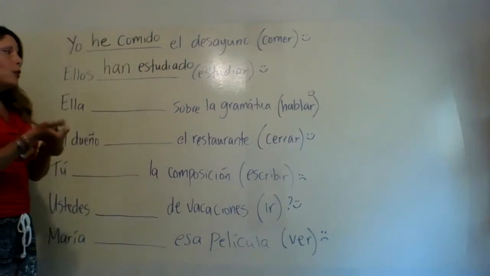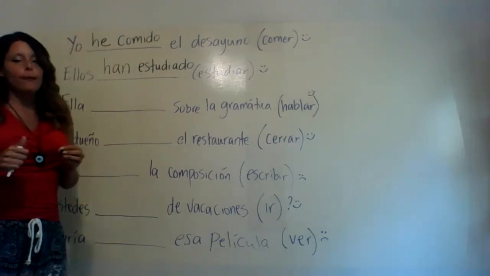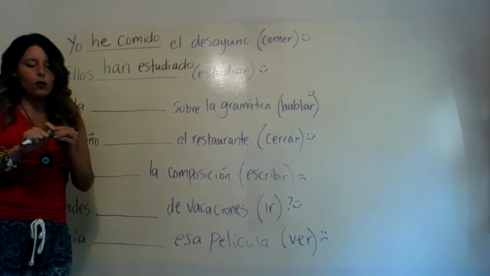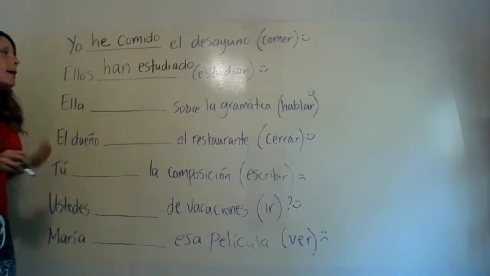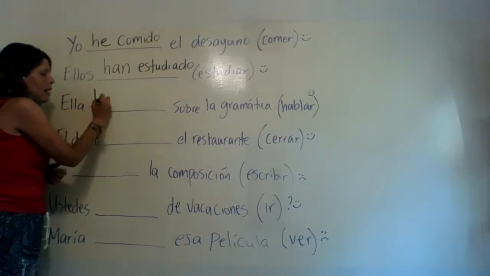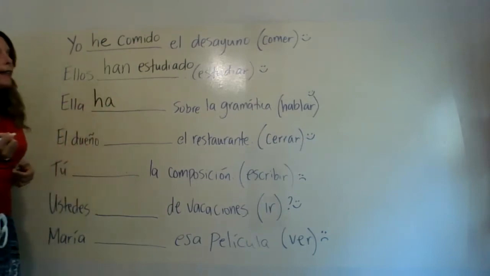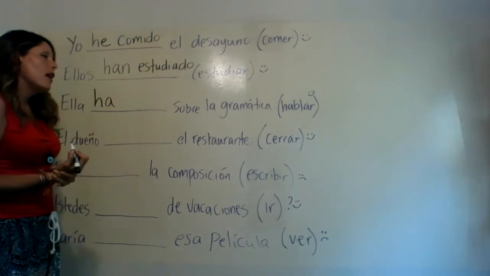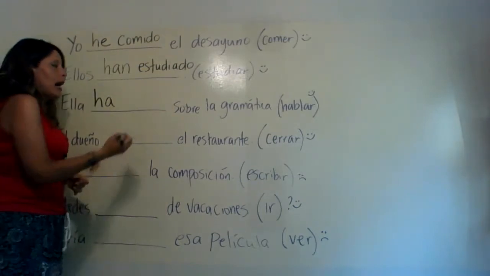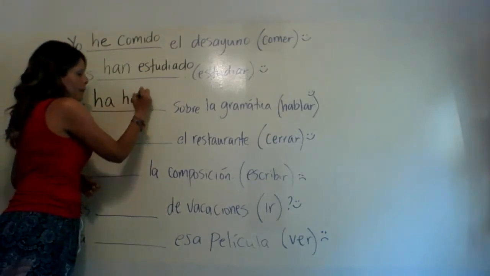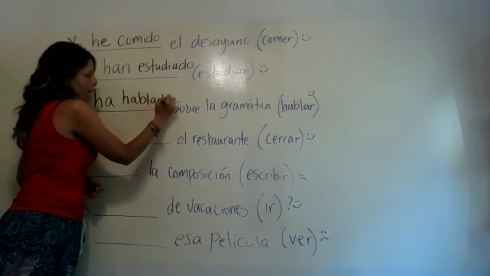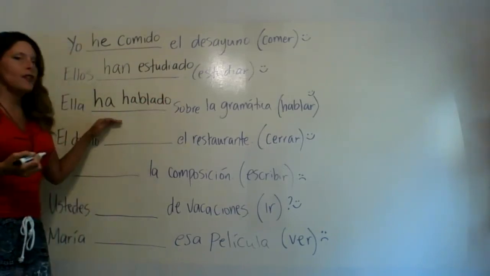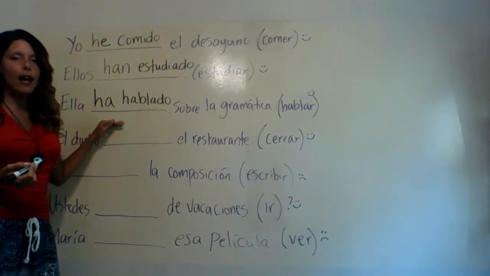So we will do the present perfect by the helping verb, has, hemos, han, that is appropriate for ella, which would be ha, and then my regular participle for hablar, chop off the AR and add ado, will be hablado. So my present perfect for this sentence is ha hablado.